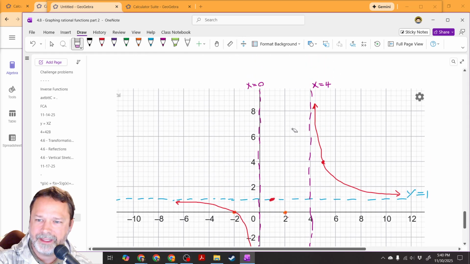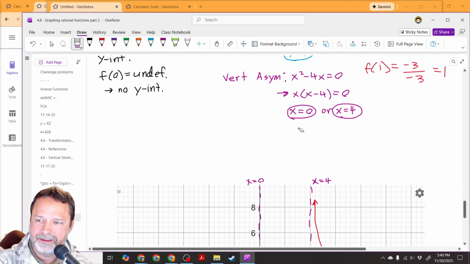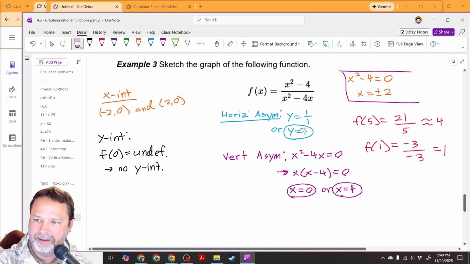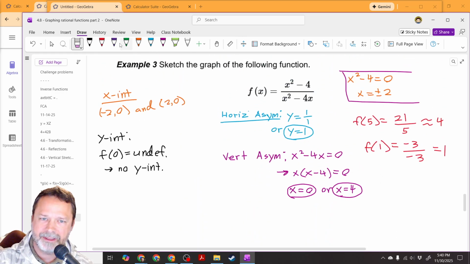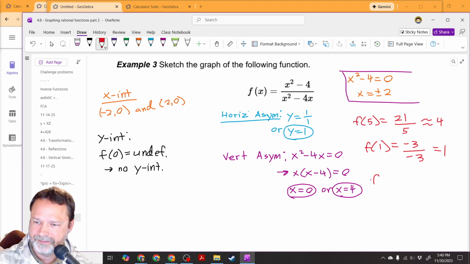All right, what's f of 3? Let's try f of 3. That's going to be 9 minus 4, which is 5, over 9 minus 12.